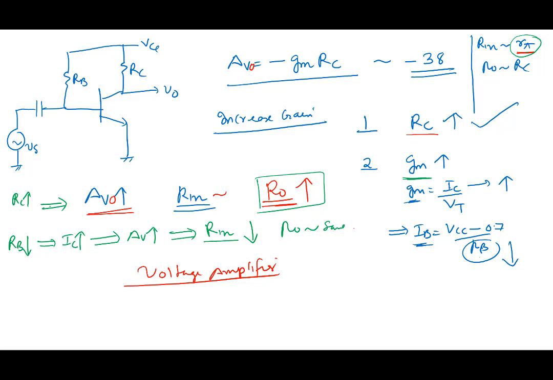See, you don't get anything for free. If you try to improve the gain, the input resistance either goes down or the output resistance goes up. Either one of them becomes bad. So what it is showing you is that in any design there are trade-offs.